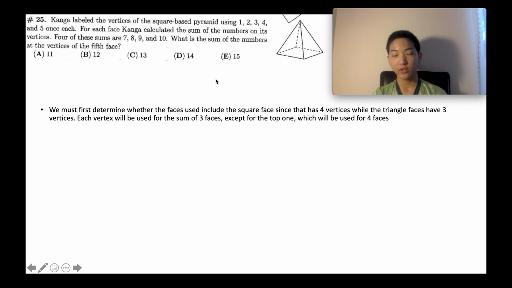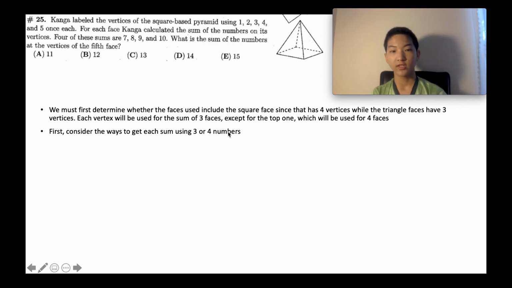Each vertex will be used for the sum of 3 faces. So for example, this vertex will be used for this triangle, and then the square. While the top vertex will be used for 4 faces. All 4 of the triangle faces will have that top vertex.